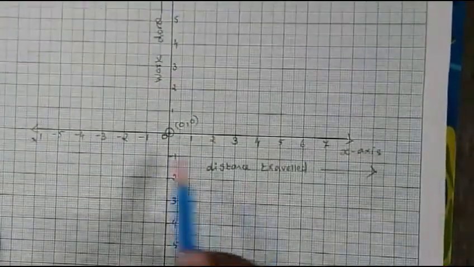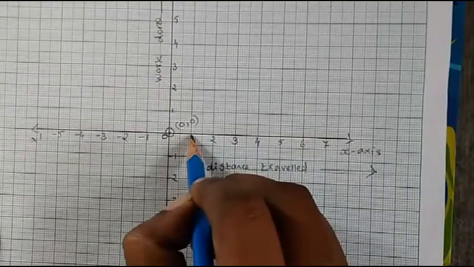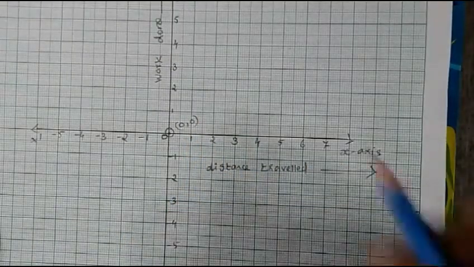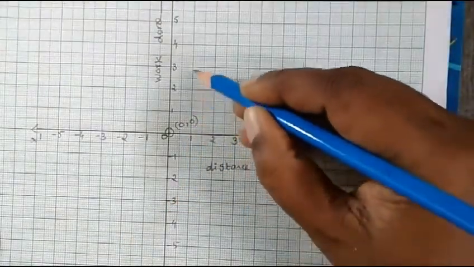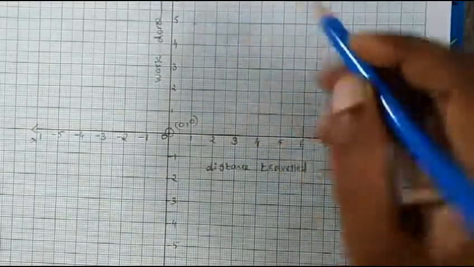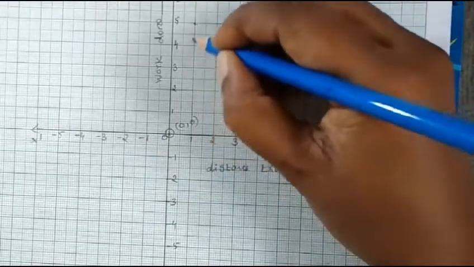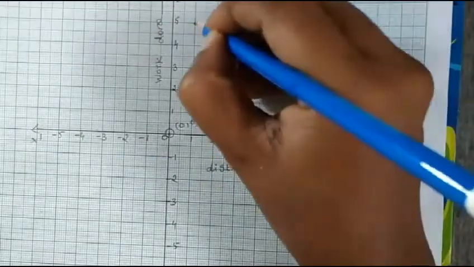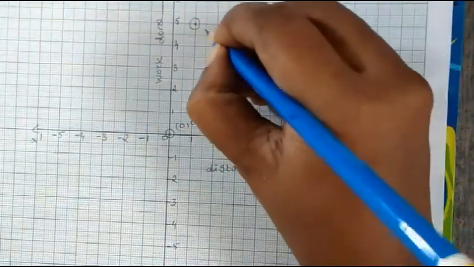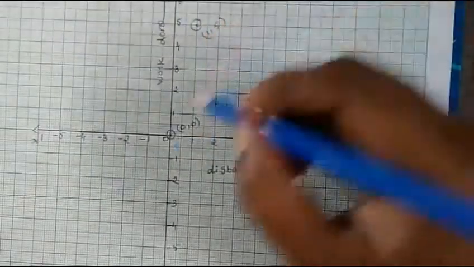Next 1, 5. So x is 1, y is 5. So x is 1, travel up to y is 5. Then the point will meet here. This is 1, 5.